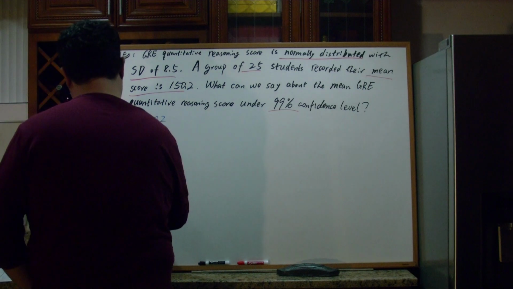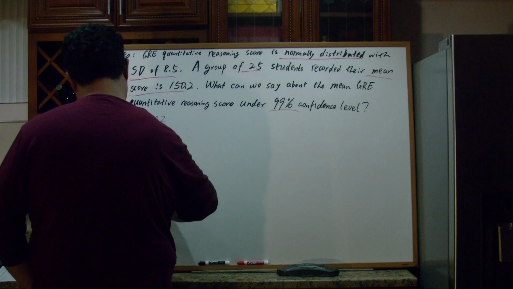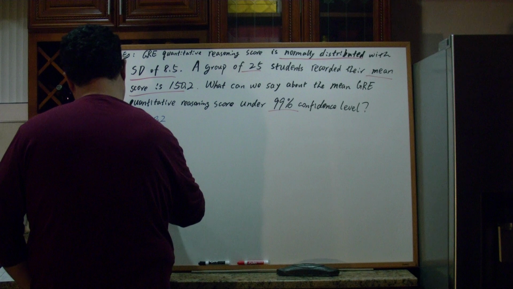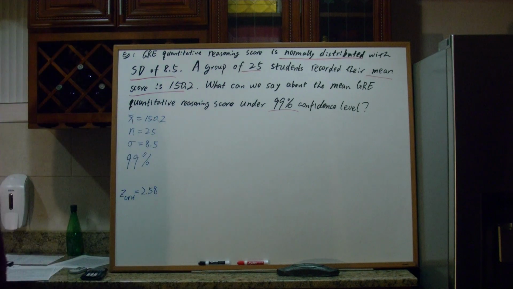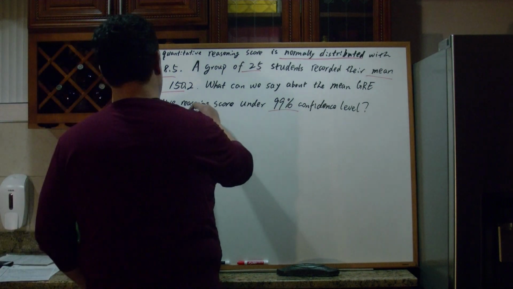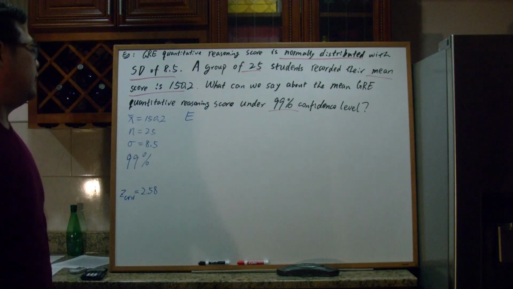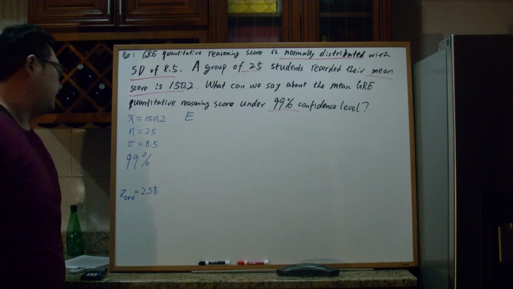Then from that, our critical z-score is 2.58. So we can go to the next step to find the margin of error.